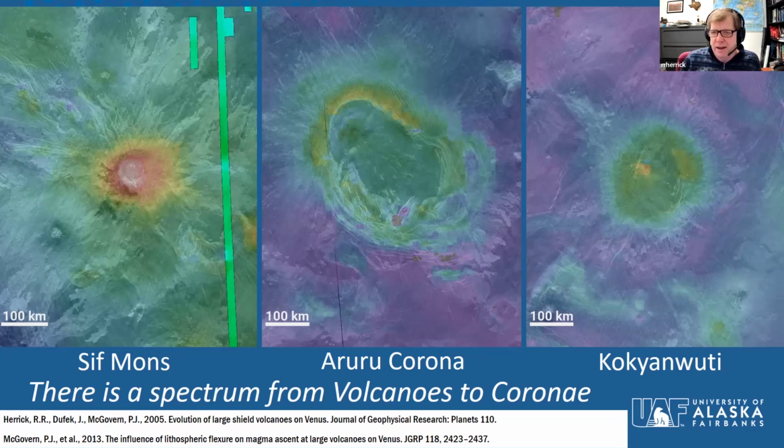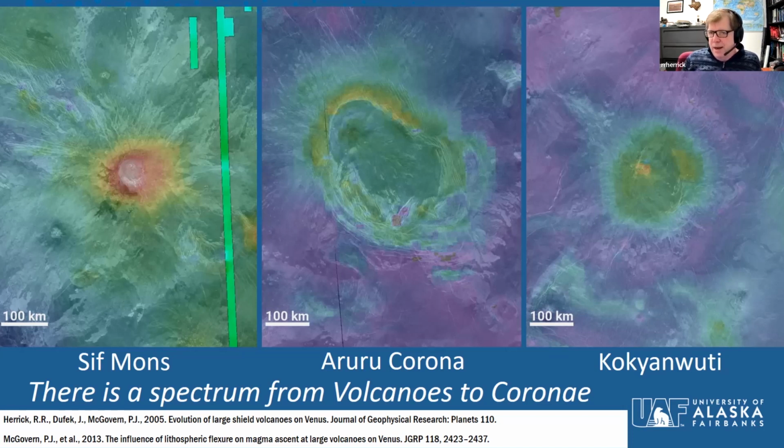And the thing that I want to highlight here, of course, there are some really large shield volcanoes, and then there are these similar size features that Dan talked a little bit about in the last talk, corona, that are flatter with a raised rim.